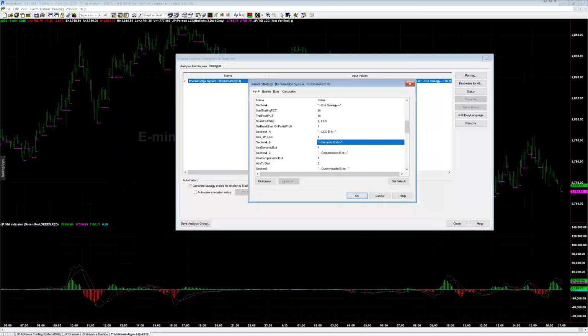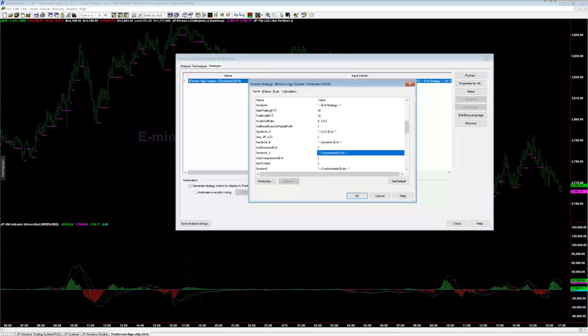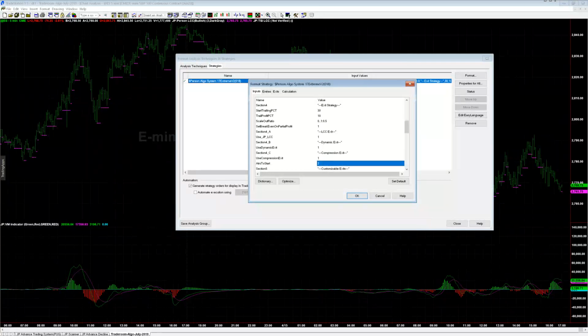Many times you'll optimize a program or a strategy, and guess what happens? It's going to use both the dynamic and the compression. One will take over and override the other. The compression exit will not kick in this case until, and you would optimize this function, compression is not going to even turn on in this case.